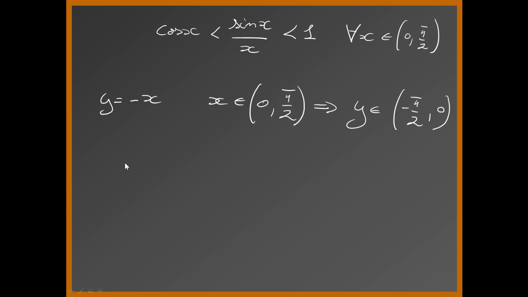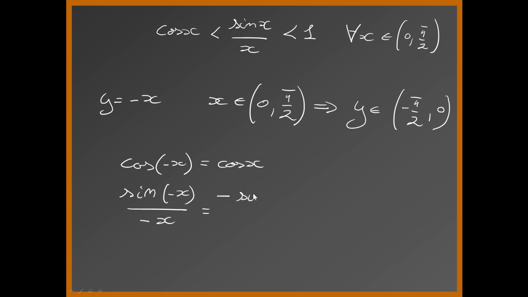Moreover, notice that cosine of minus x is equal to cosine x. Similarly, sine of minus x over minus x is equal to minus sine of x over minus x, which is sine x over x.